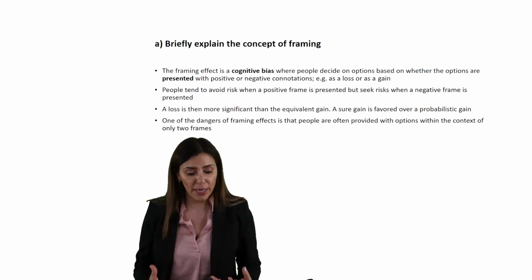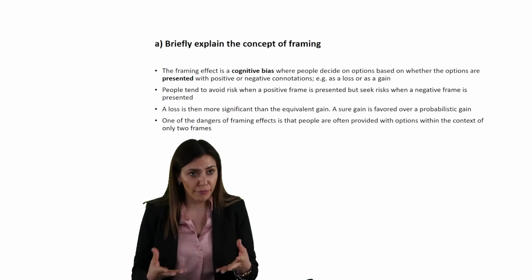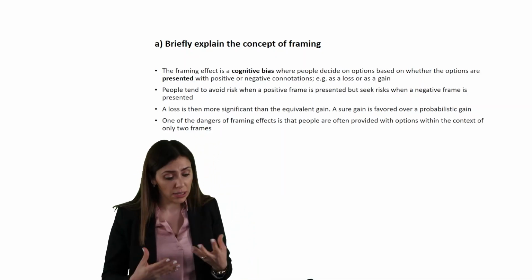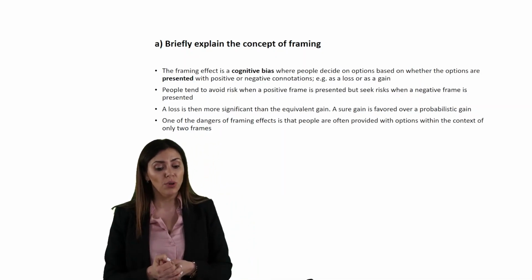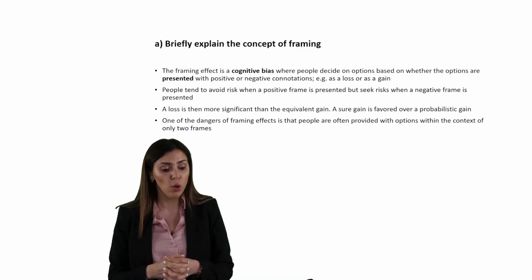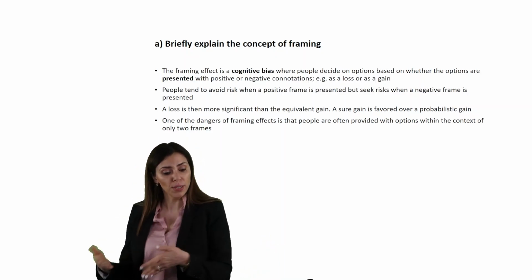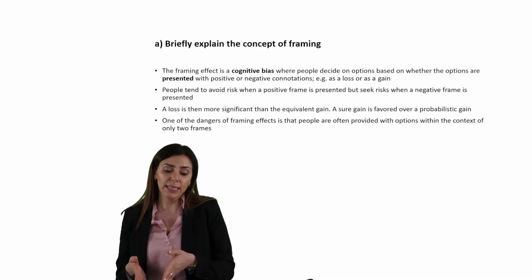So the framing bias is a cognitive bias where people decide on an option based on whether the options are presented to them in a positive or in a negative way.